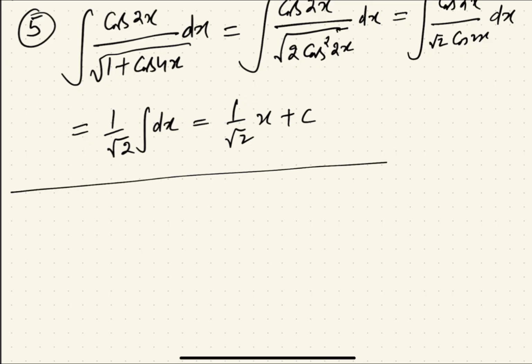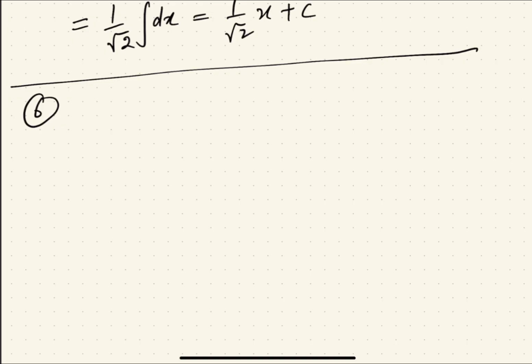And now you have a sixth question, that is 2 power x over the square root of 1 minus 4 power x, dx. Always think how to remove a square root using trigonometric formulas. First, always check. If I change this into sine, because this is 4 and this is 2, I will change this into 2 square.